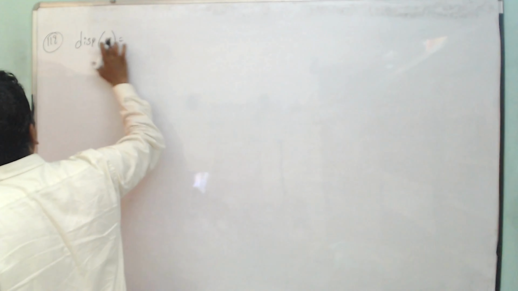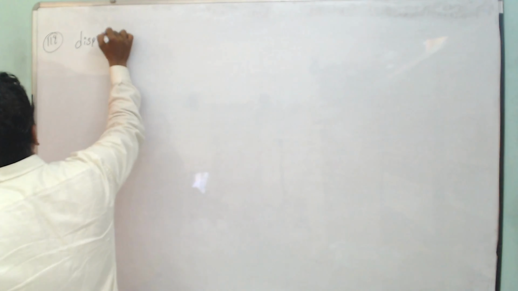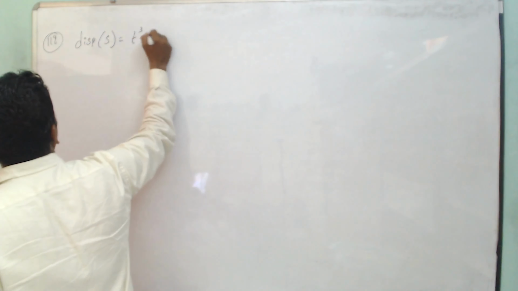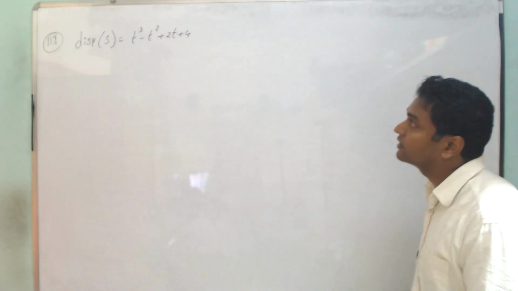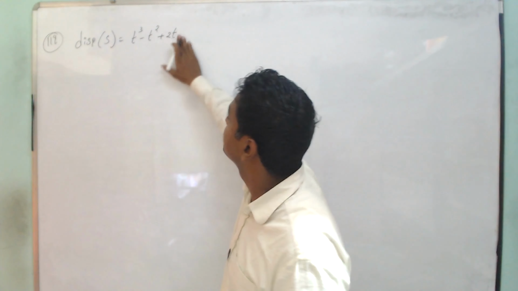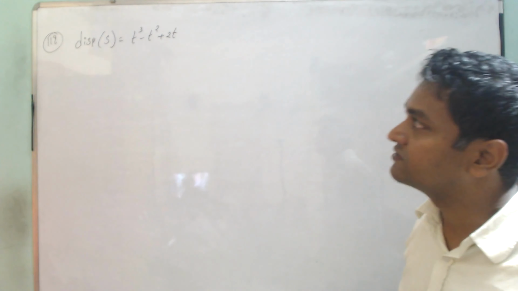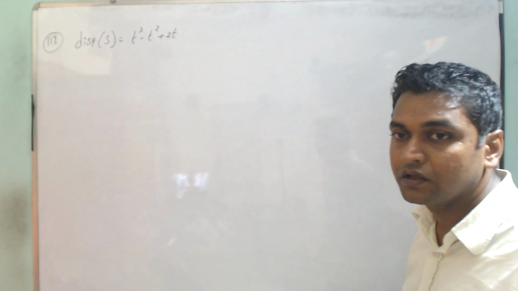Displacement is given as a function of time as s is equal to t cube minus t square plus 2t. Find the velocity.